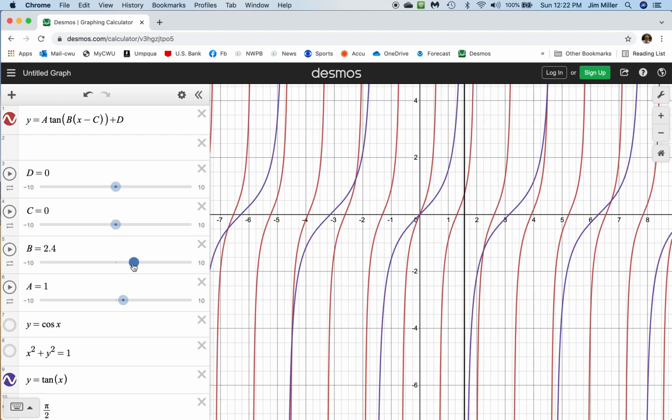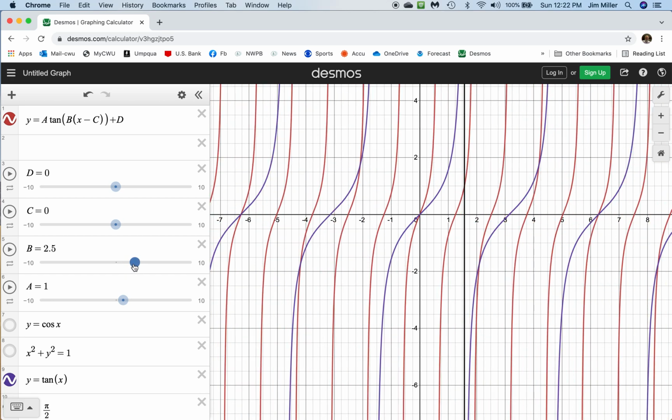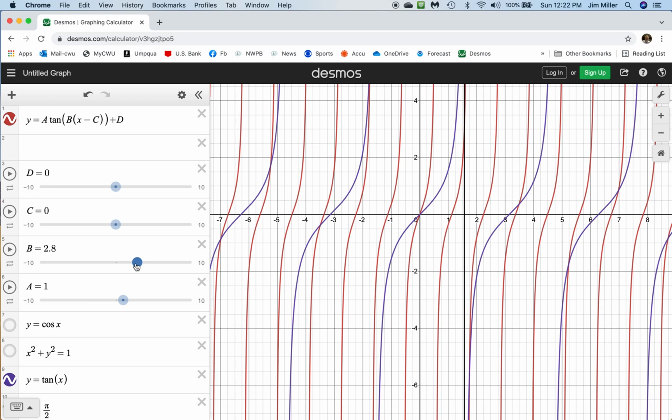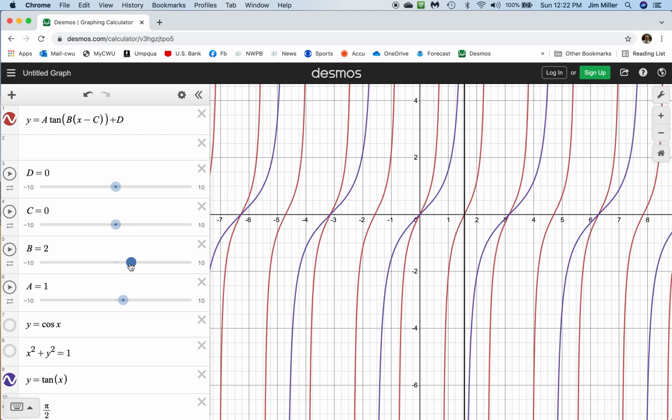It kind of looks like it's stretching them, but it's squeezing it horizontally. If I go to 2, there's twice as many as there was before. You can see the purple one here, and there's the red one. By the time this purple one finishes, we've got 2 red ones.